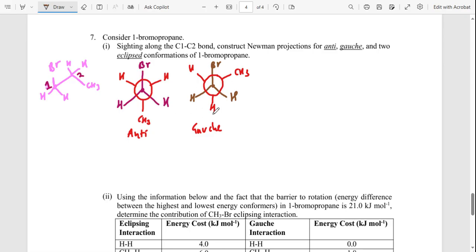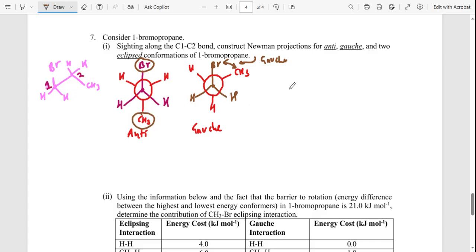This is a staggered configuration, but we specifically call it gauche because the two groups are next to each other. And when this group and this group are on opposite sides, that's the anti.